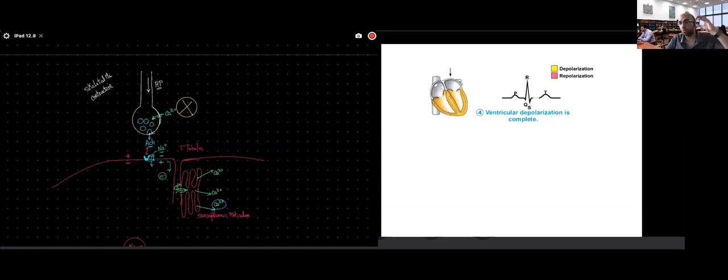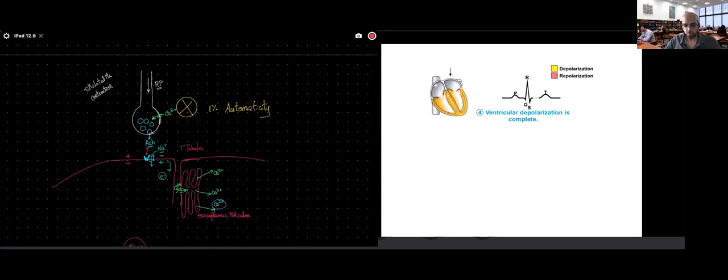So I don't wait for the brain to send me an electrical signal to initiate my muscle contraction. I have 1% of the cardiac muscle cells that can generate their own electrical impulses. They have automaticity. 1% of the cardiac muscle cells are going to be sending out the electrical impulse.